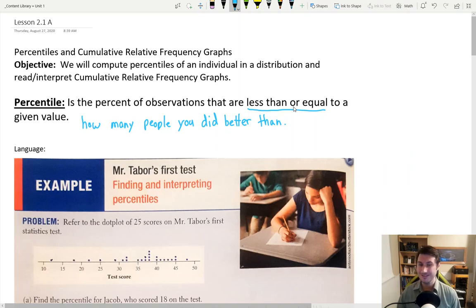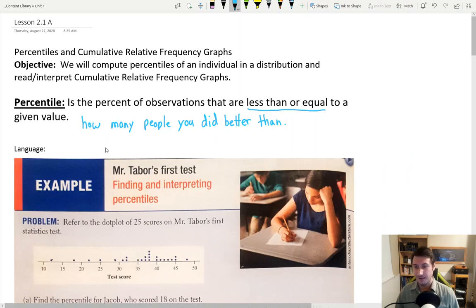You didn't get a 92%. You did better than or equal to 92%, or 92% of other people were less than or equal to you.